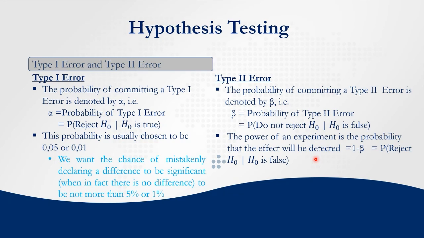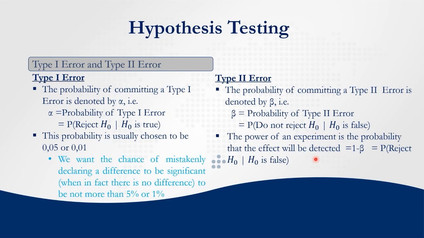In other cases, it is set lower, at 0.01, because if you think about the type 1 error, if you look at a situation where you are looking at a new treatment and an old treatment.